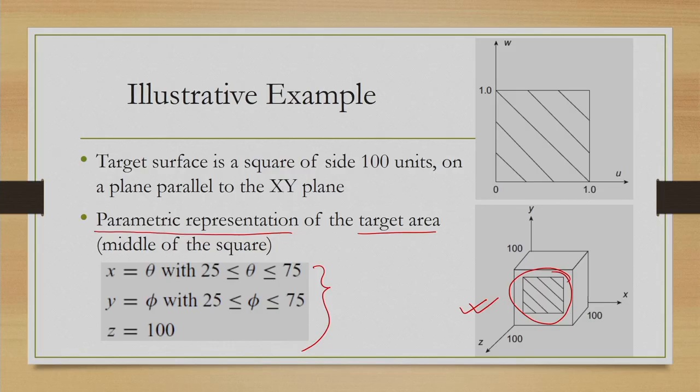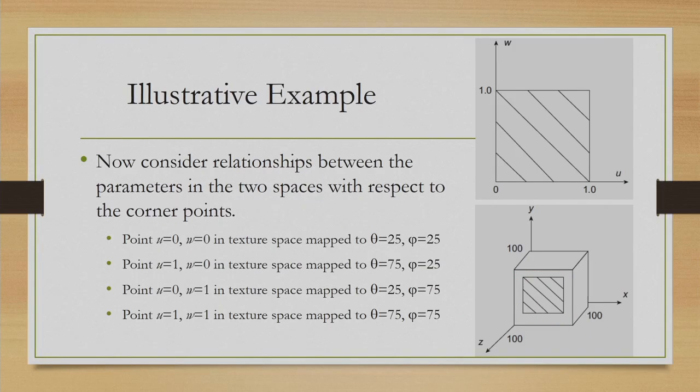Then, with this parametric representation, we will make use of relationships between the parameters in the two spaces with respect to the corner points. For example, the point at 0 0 in the texture space is mapped to the point 25 25 in the object space, and so on for all the corner points listed here.